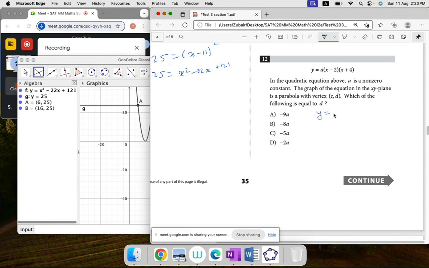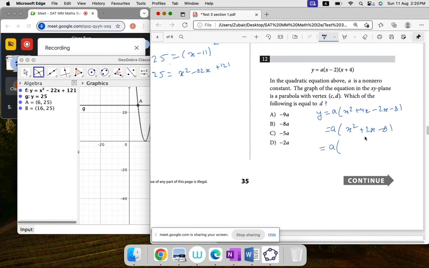I actually have a habit of doing this in complete detail, so I'm just going to multiply. This is x square plus 4x minus 2x minus 8, so that is x square plus 2x minus 8.